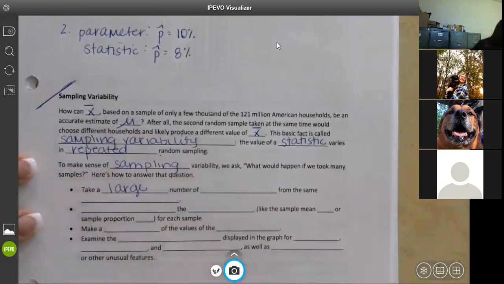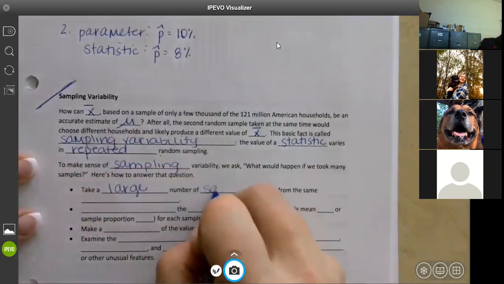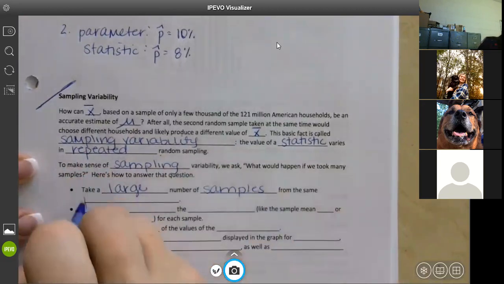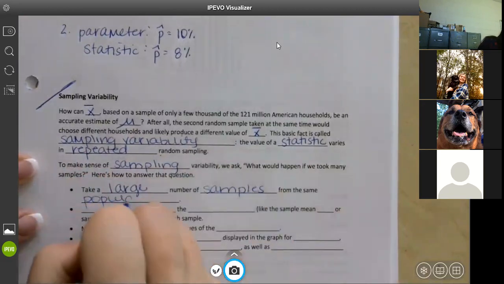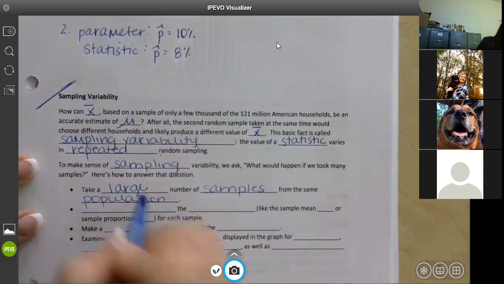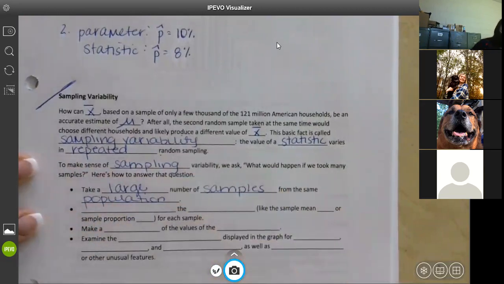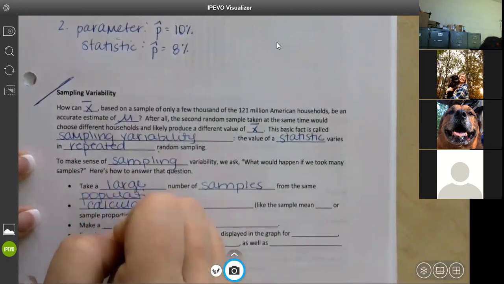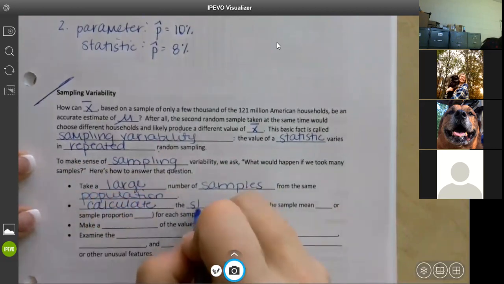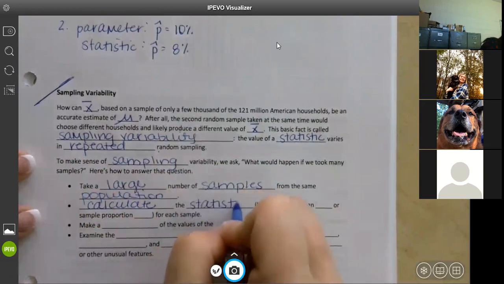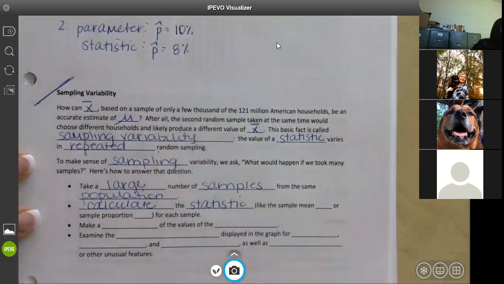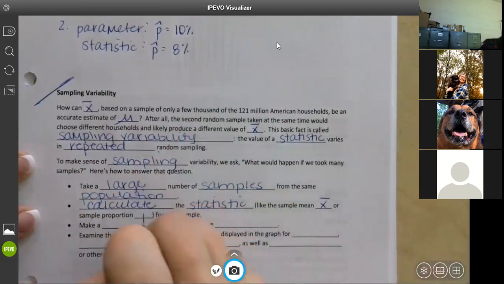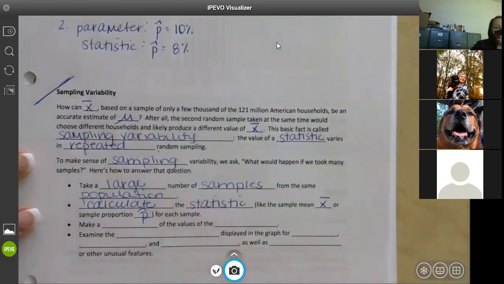You're going to take a large number of samples from the same population. You're going to calculate the statistic, like the sample mean X bar or the sample proportion p hat, for each sample.